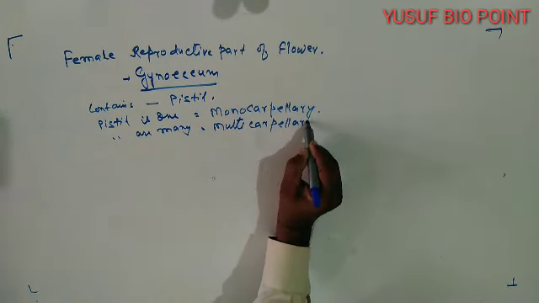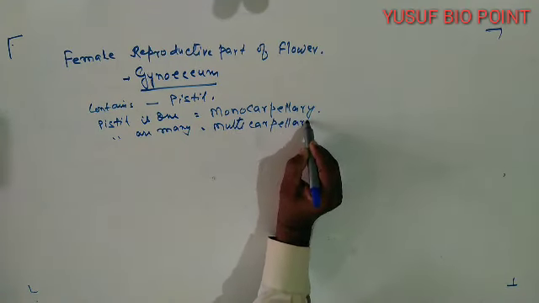Now, this is the pistil that contains stigma, style, and ovary, and inside the ovary there is an ovarian cavity.